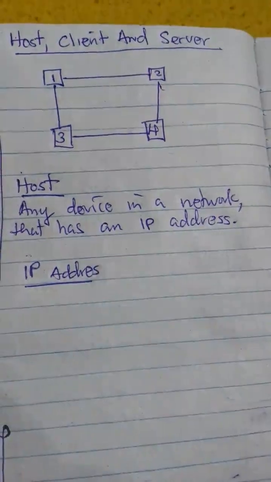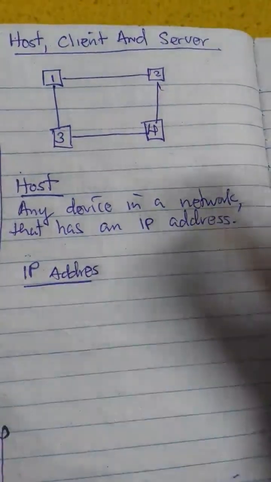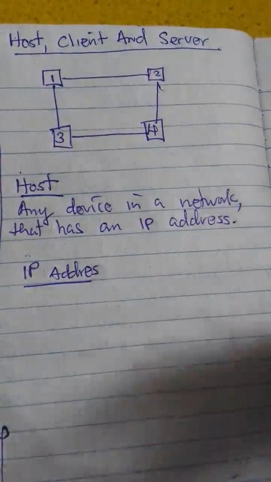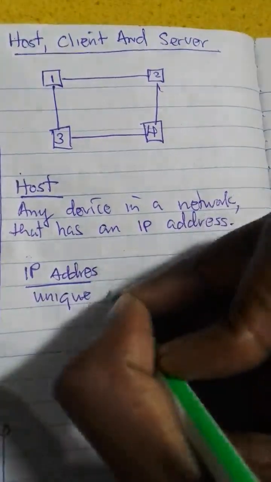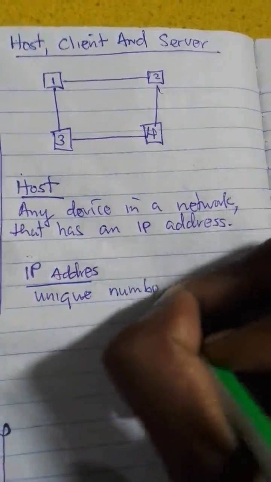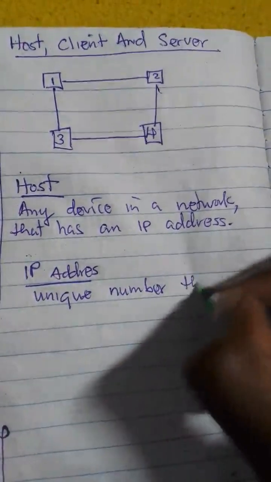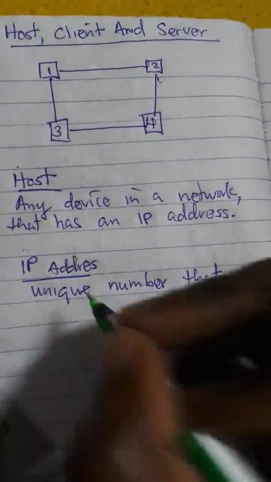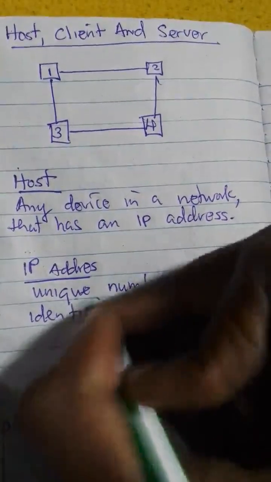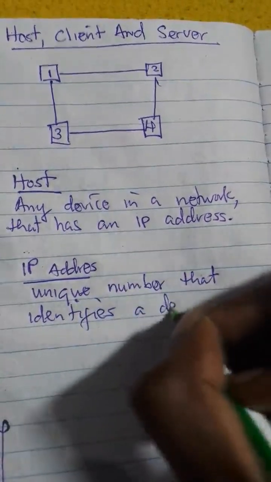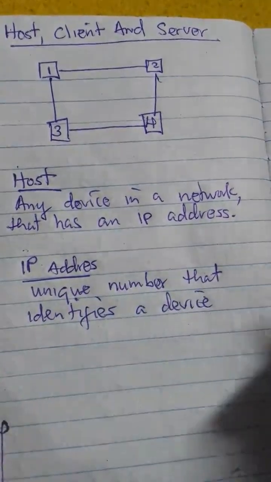on top of it is simply a unique number that identifies a device or a machine in a network. Okay, so it's simply a unique number that identifies a device.